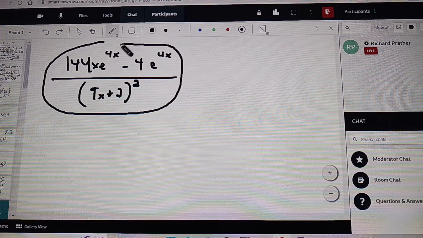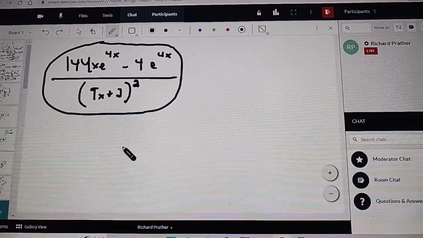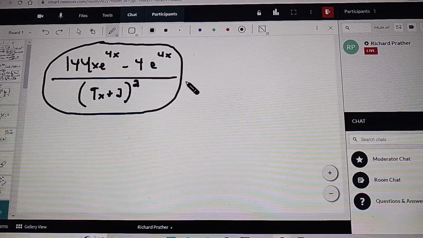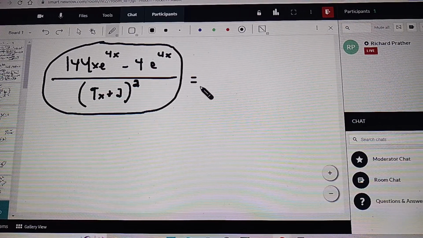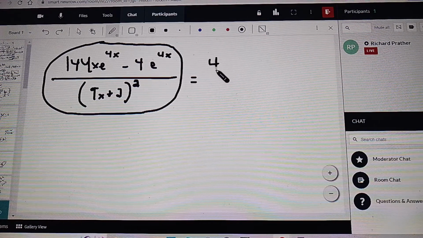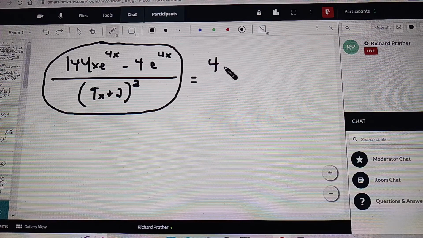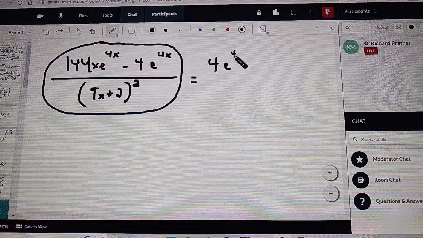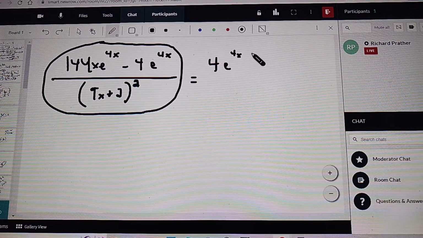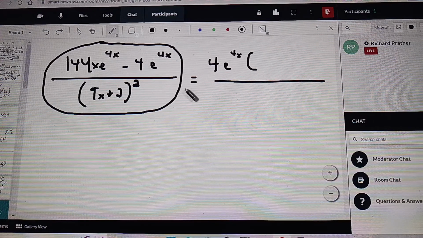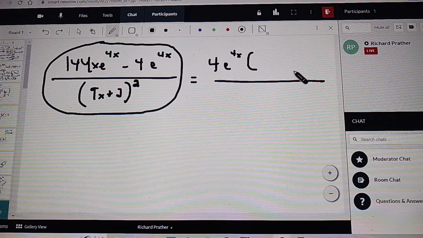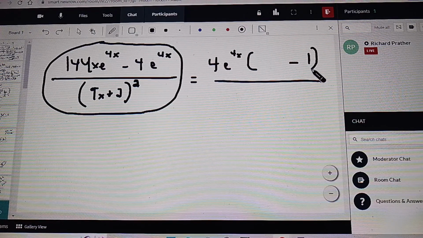You certainly could do a GCF in the top if you want to. And it's always good to just check that just in case. So both 144 and 4 divide by 4. And they both have an e to the 4x. And the second half, I took the entire thing out, so the second half is just going to be minus 1.